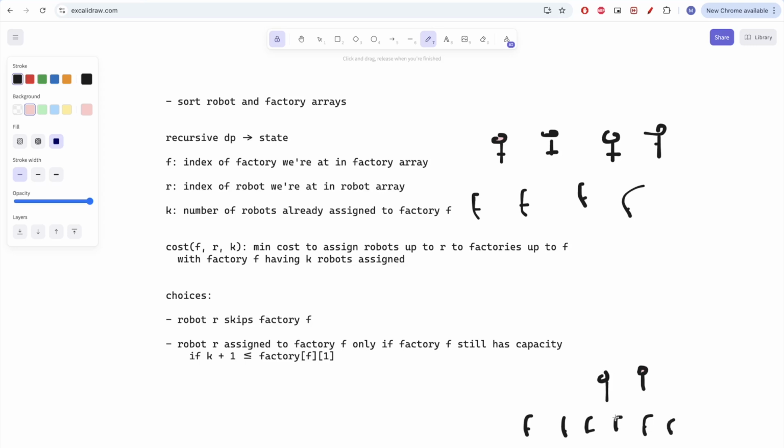So for this one, it makes sense to skip this one, and then try this one and try this one. So with this solution, because we have this recursive choice of skipping, this state of assigned to this is basically two recursive calls to skip, and then a call to assign.